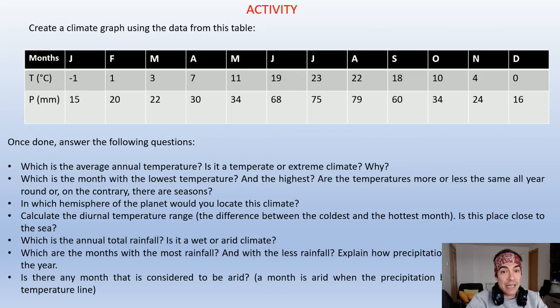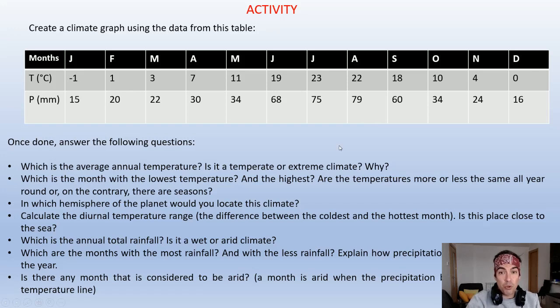So what is the activity I want you to do besides all the activities from the textbook? This is the last activity I wrote you in the email of Tareas 2, which I sent you yesterday. Well, today is Wednesday, yesterday, Tuesday. Here I gave you a table with data from a climate, the average temperatures for each month and the amount of precipitation of each month.